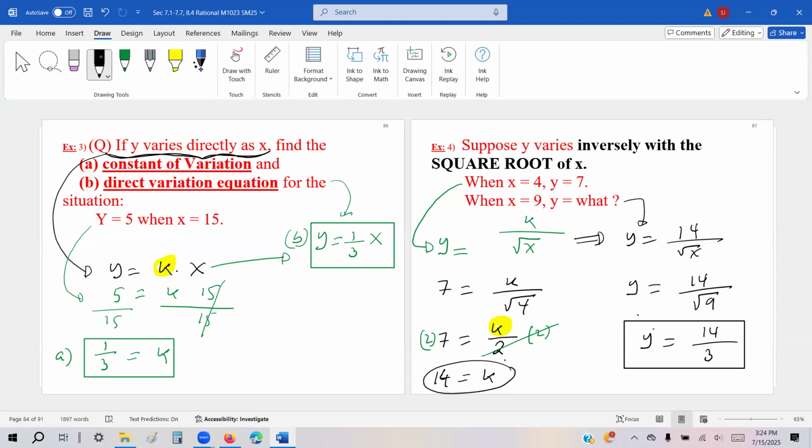We know y and square root of x are changing inversely with one another. And then we want to know at which rate they are changing, so we use the first piece of information. Once we get our rate of change, we use the second piece of information to find out how much y would be if x is that much. Any questions so far?